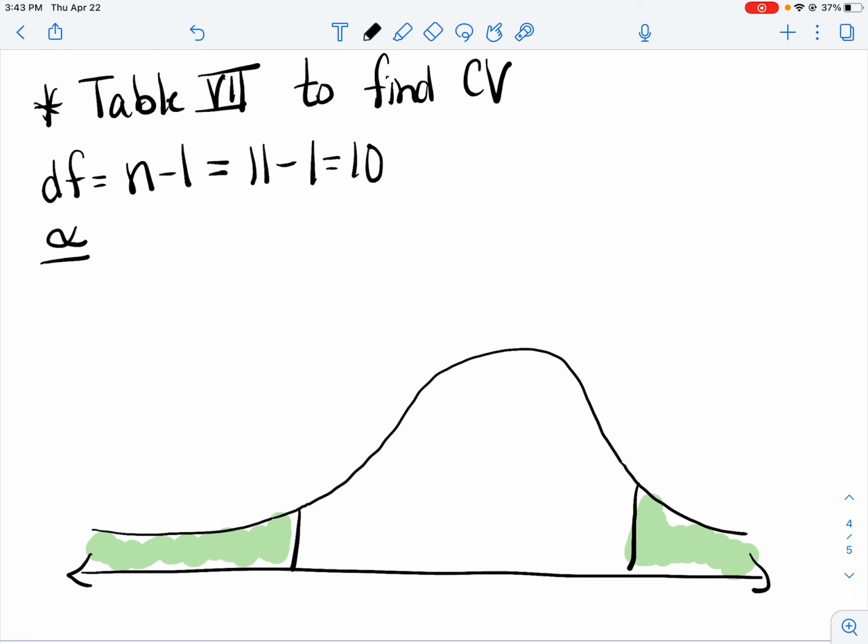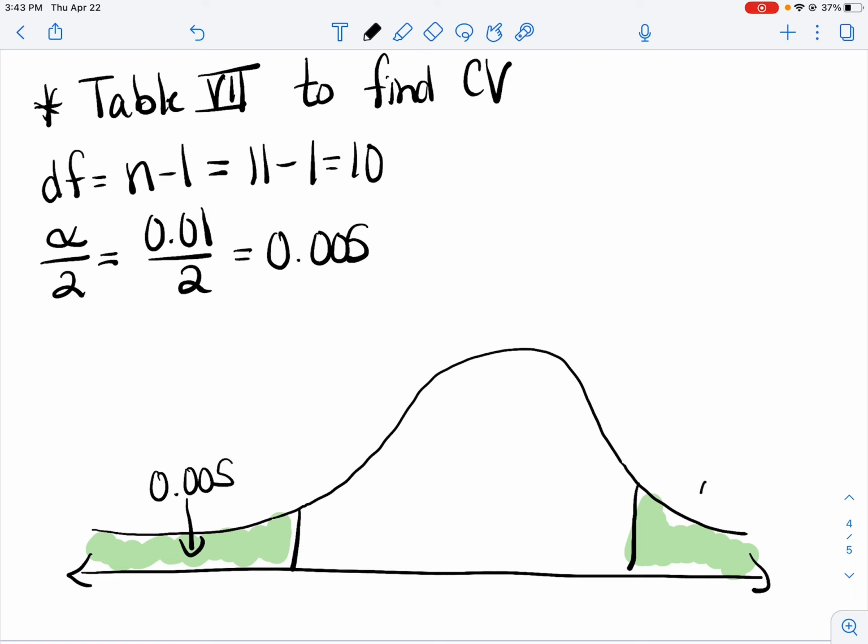I want to find the area in one tail, so I divide alpha by 2. Our curve is symmetric, so our tails are the same. Our alpha here was 0.01, divided by 2 is 0.005. So each tail has an area of 0.005. And remember, 0 is in the middle of my number line.